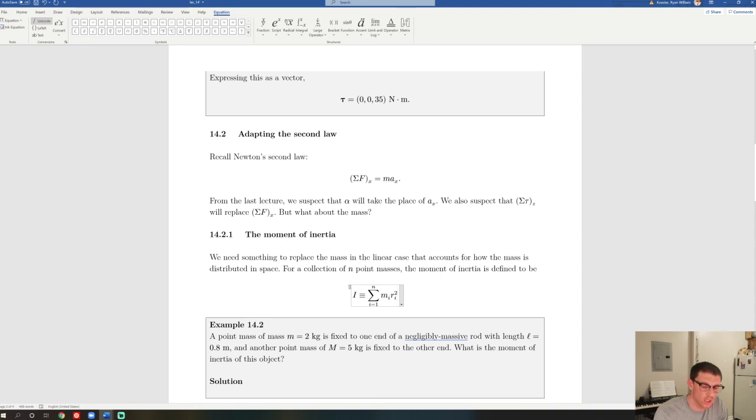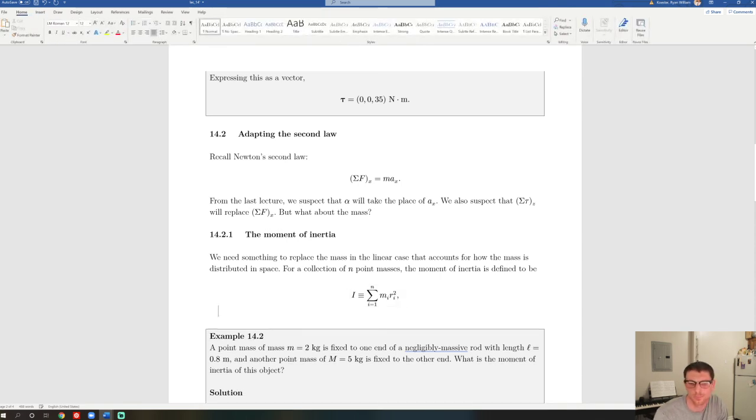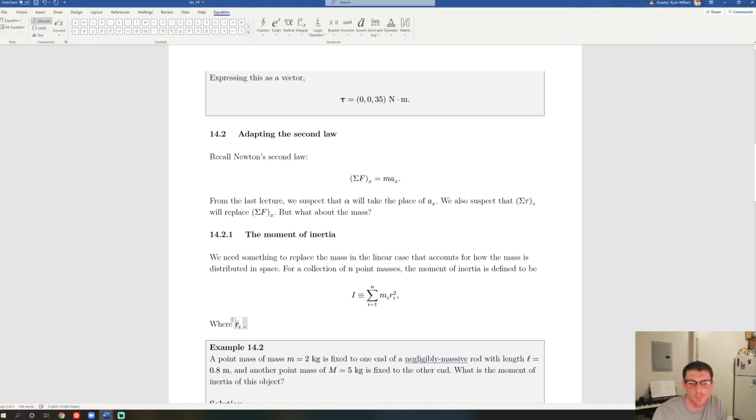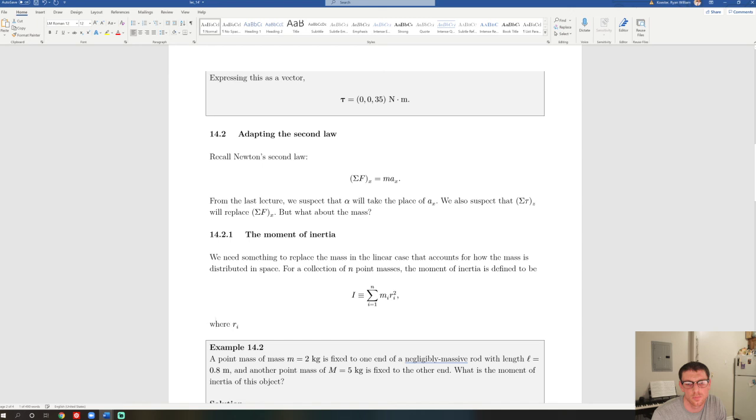So let me put that in the document here, where r sub i is the ith mass's perpendicular distance from the axis of rotation.